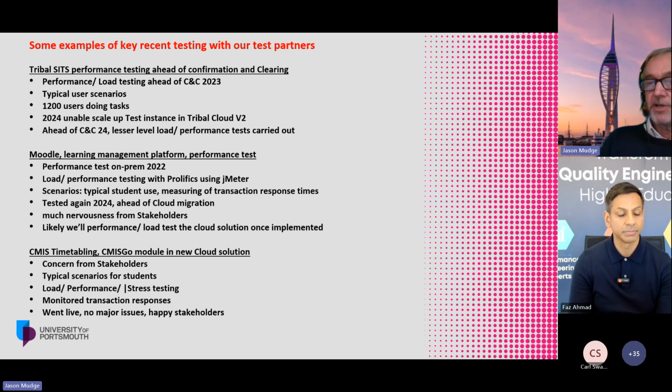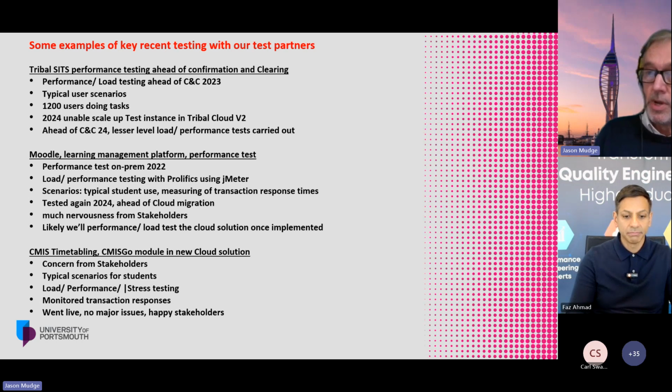The solution will be migrated to the cloud in 2025, and we had much nervousness from stakeholders as to system performance, robustness, etc. once they go to the cloud next year.